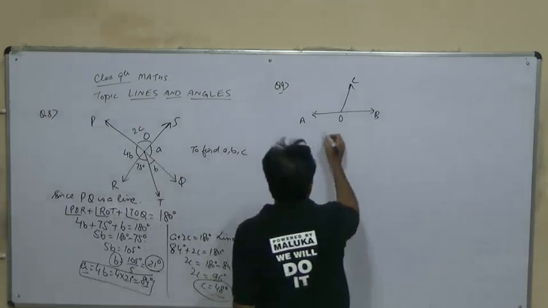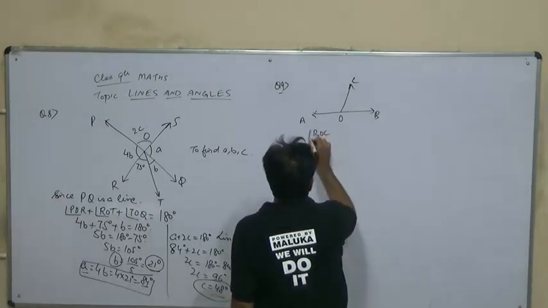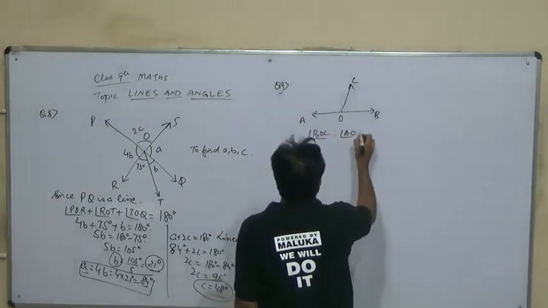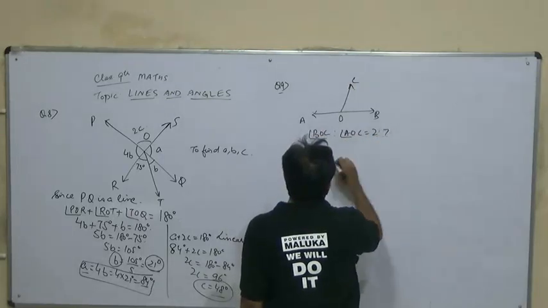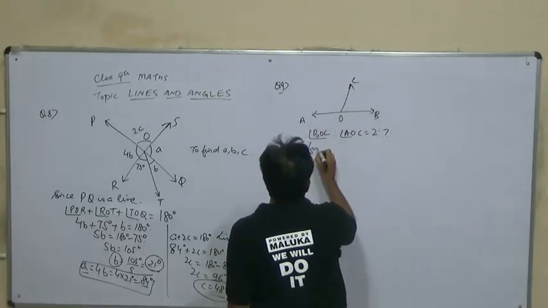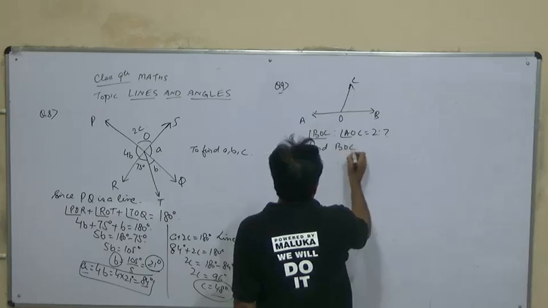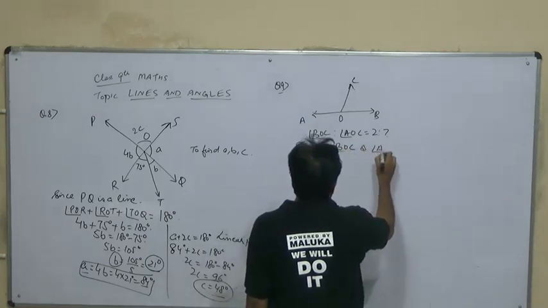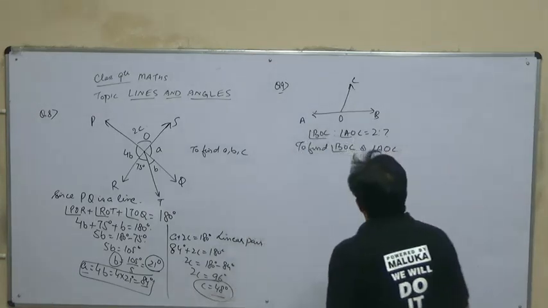We are given BOC is to AOC is equal to 2:7. We have to find these two angles, BOC and AOC.